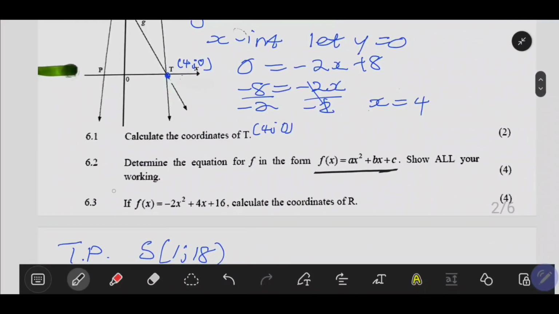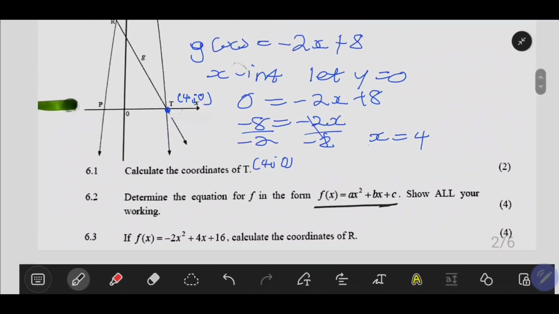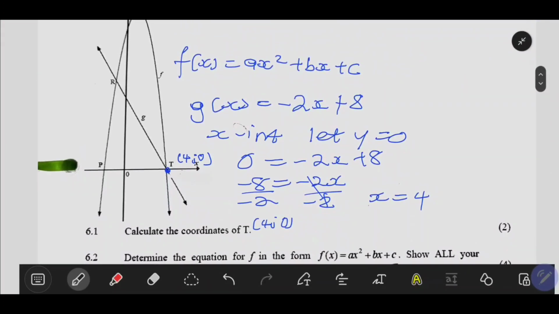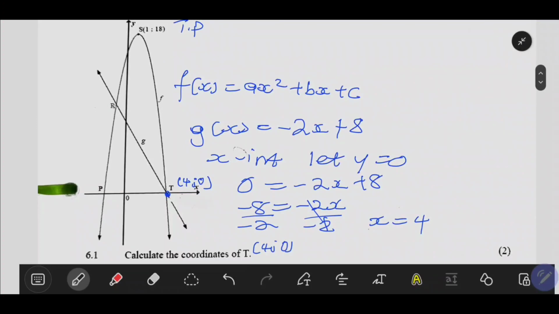So the third question says, if f of x equals negative 2x squared plus 4x plus 16, then calculate the coordinates of R, whereby we can see that R is a point of contact between the two graphs.